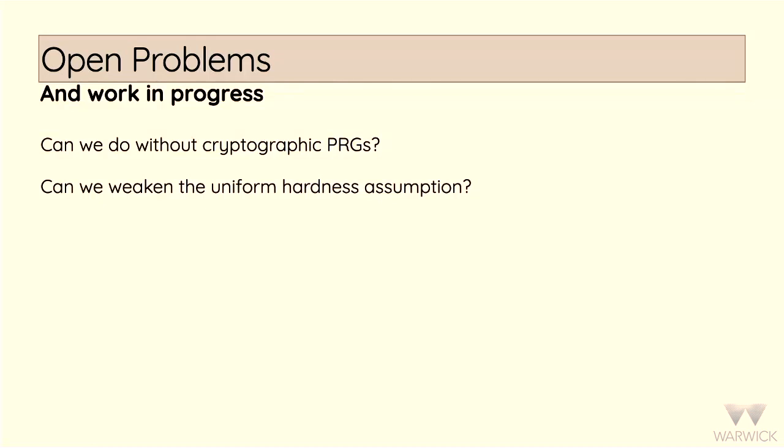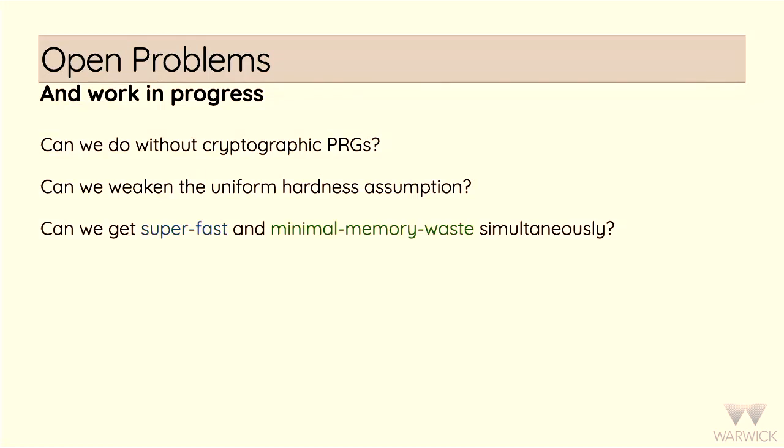What if we only allow the compression algorithm to be deterministic? This is a weakening one can consider. And a very interesting question, I think, is can we get both super fast and minimal memory waste simultaneously? So the same algorithm would incur both very small overhead in time and very small overhead in space.